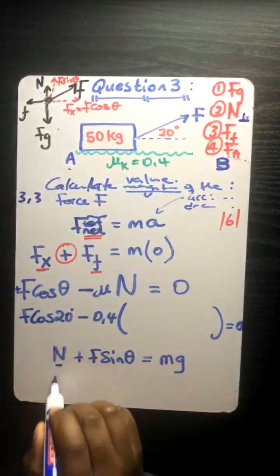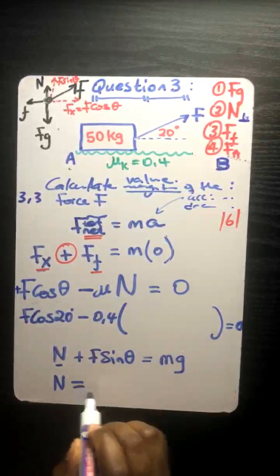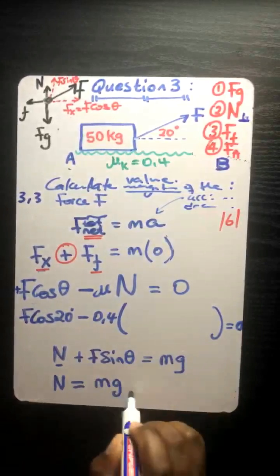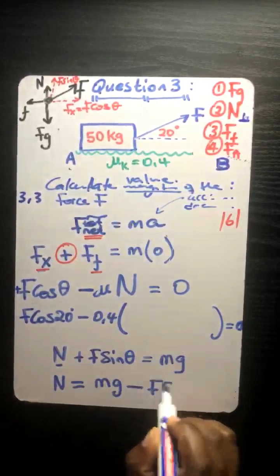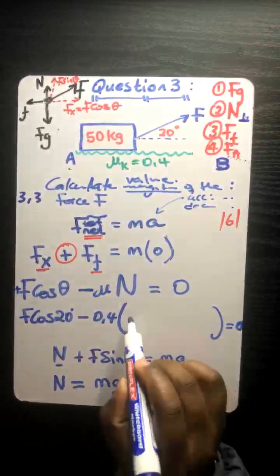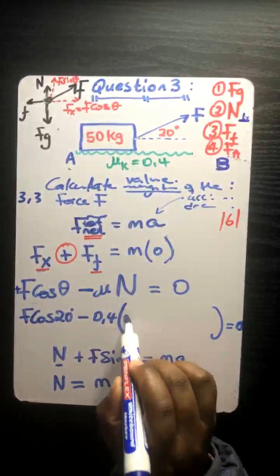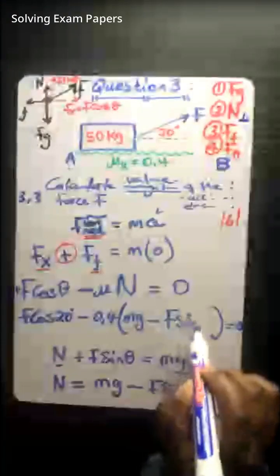So N is going to be equal to mg minus F sine of the angle. So we are going to have mg there, minus F sine of the angle, which is only one angle, 20.